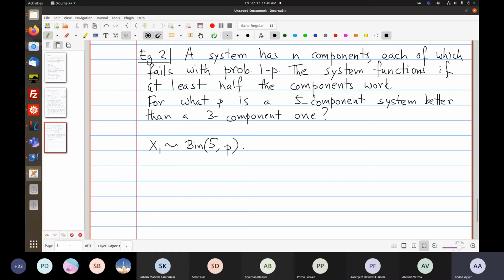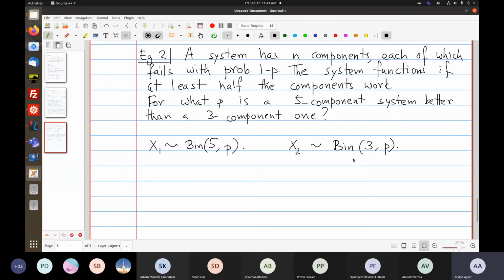We take p to be the success rate because we want to talk about functioning, the probability of the system functioning, so we want to say that the component does not fail or works properly. So we use p for the success probability, which is the natural one. Similarly, x2 is a binomial random variable, again with 3 components, and therefore n is 3 and the same p.